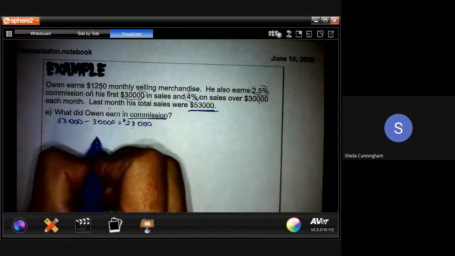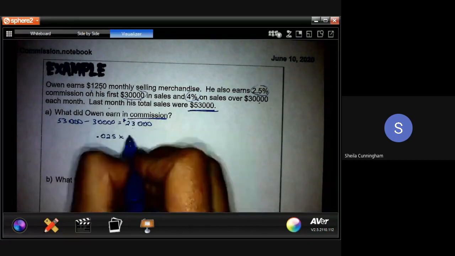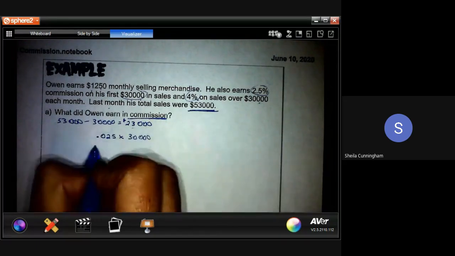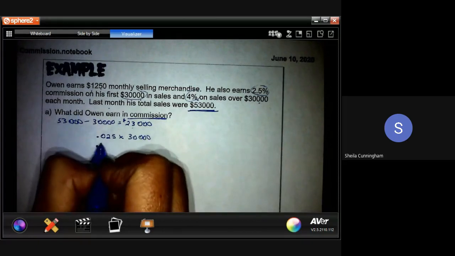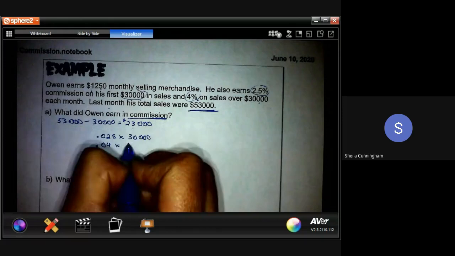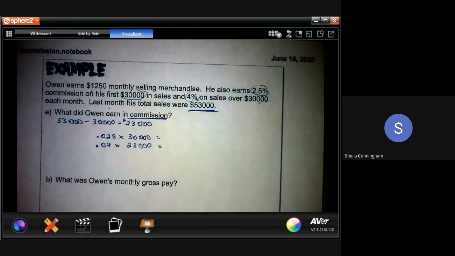So 2.5%, that's 0.025 times 30,000. And then we also have the 0.04, and that is going to be times the additional money over the 30,000, which is the 23,000.